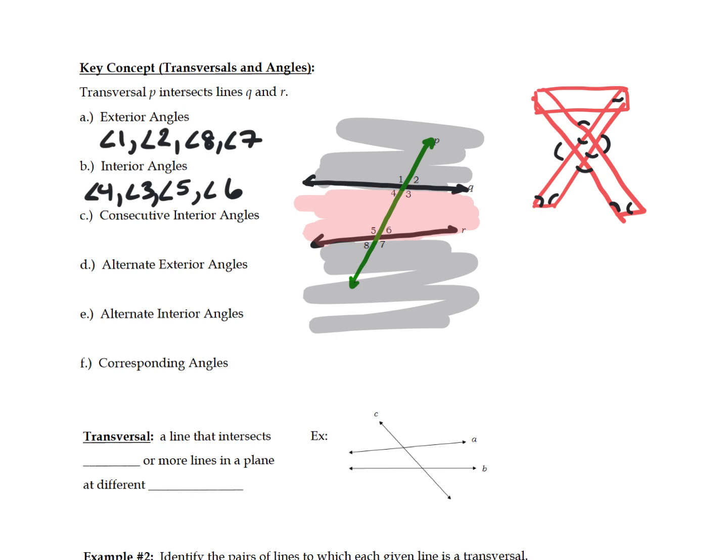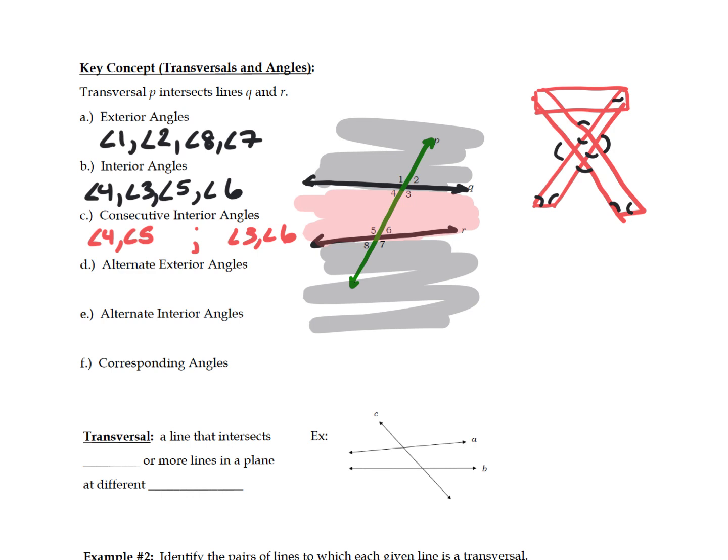Consecutive interior angles are sometimes also referred to as same side interior angles. Those are going to be 4 and 5, 3 and 6. So 4 and 5 are a set of consecutive, and so are 3 and 6. Now, if the lines are parallel, they have a special property. If they're not, it doesn't really matter.